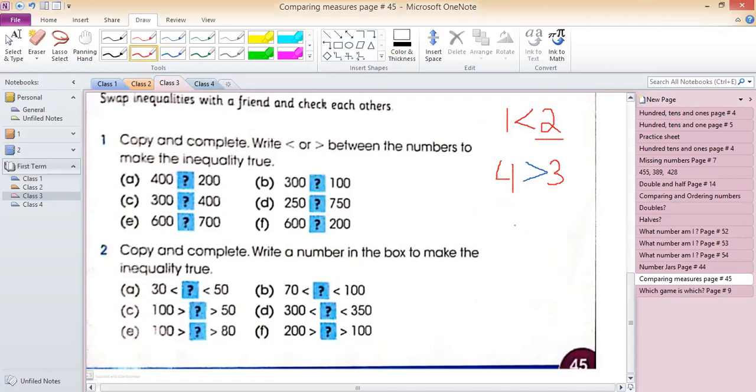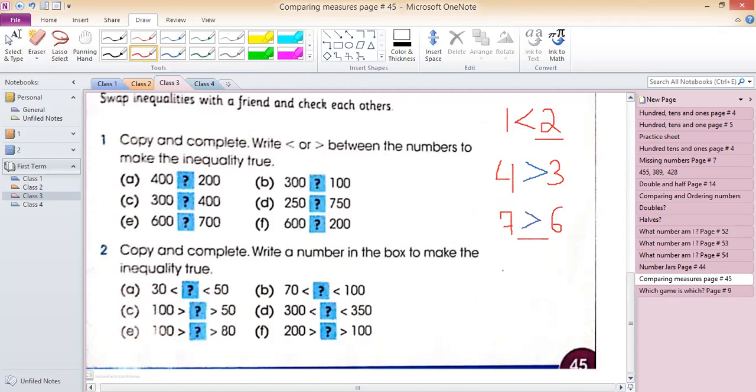Let's take one more example. Let's suppose it is 7 and 6. Which is bigger? 7 is bigger. That's why we will open the face of this sign in front of 7, and its end should be in front of 6.